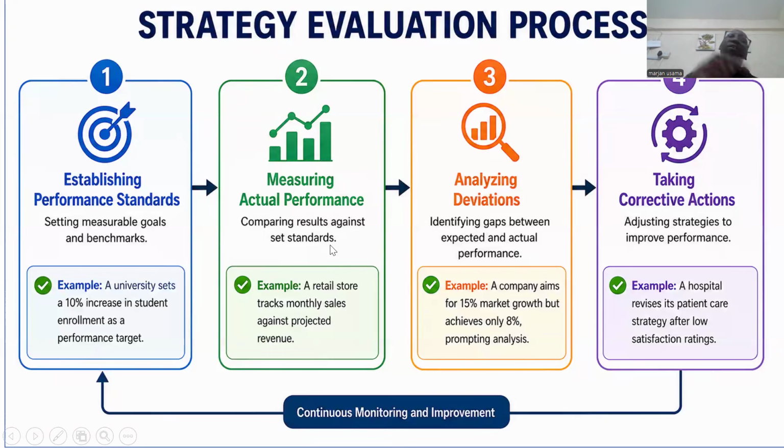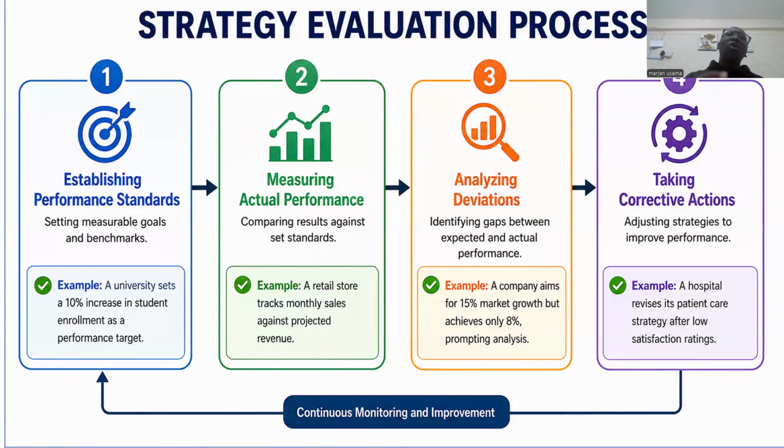So here we compare, for example, at the end of the year, the university's enrollment increased by 8%, and our target was 10%. So there is a deficit of 2%.